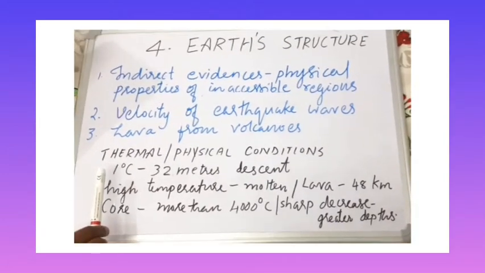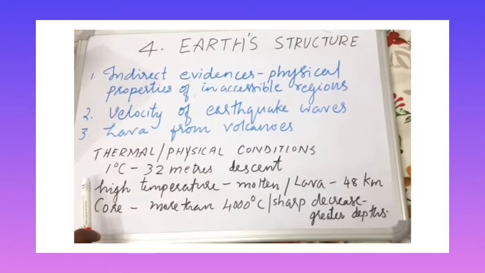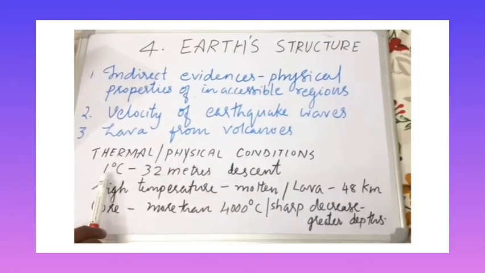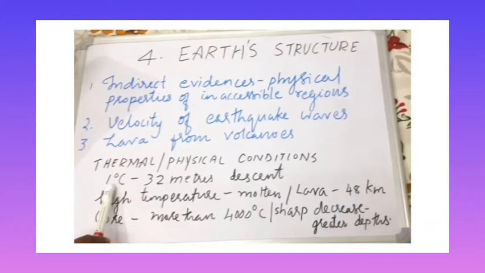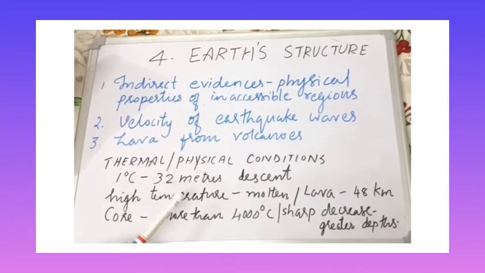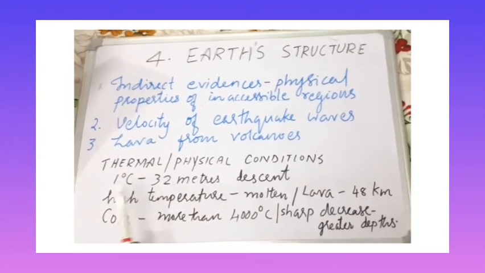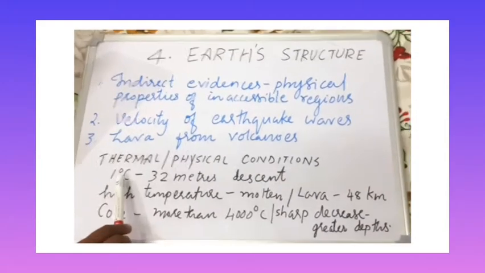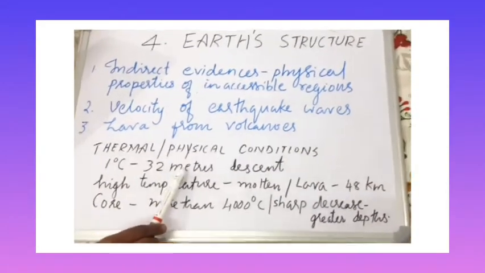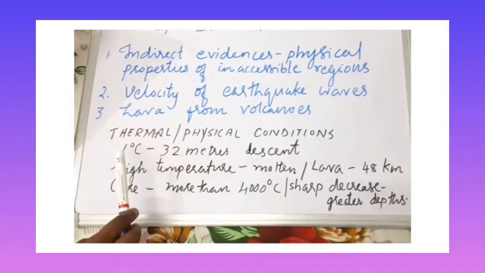As one goes down below the surface of the Earth, the temperature goes on increasing at a rate of 1 degree Celsius for every 32 meters of descent.